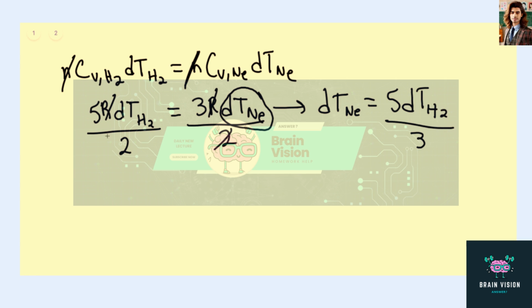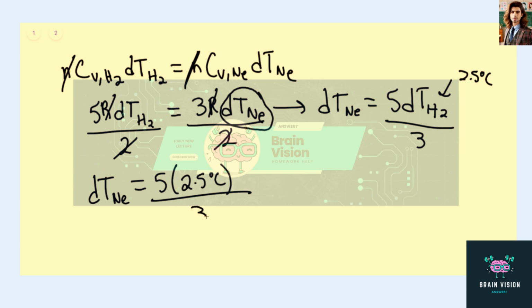So let's do it. At that point, we can say dT Ne equals 5 times our 2.5 degrees Celsius over 3, and this is going to be equal to 4.167 degrees Celsius.